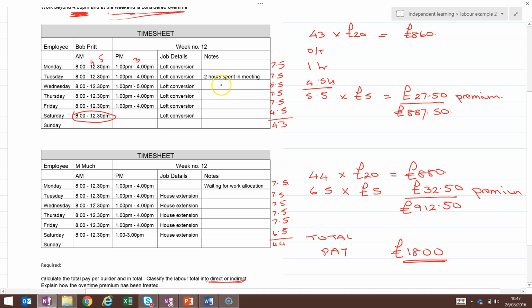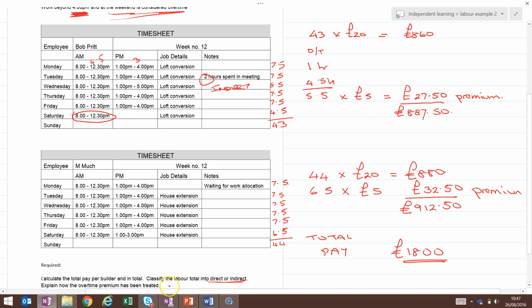But on Tuesday, 2 hours were spent in a meeting. So those 2 hours were not direct working on the job. So those 2 hours are indirect. Everything else that he did was direct.